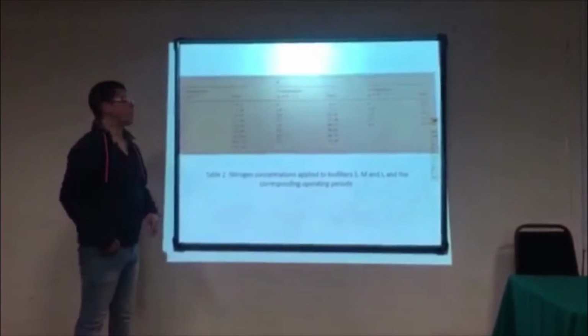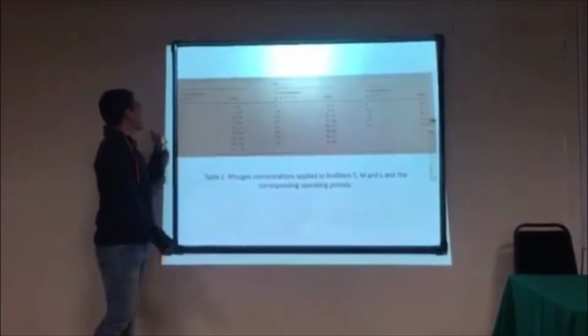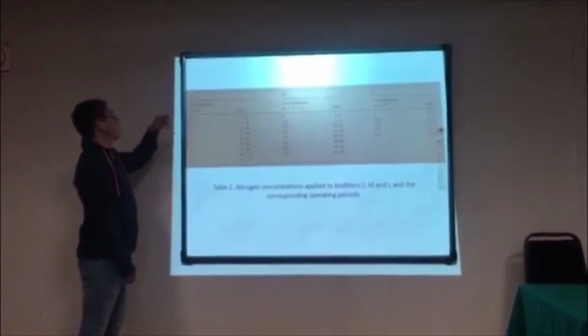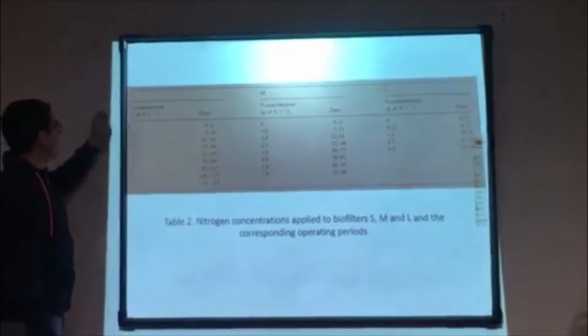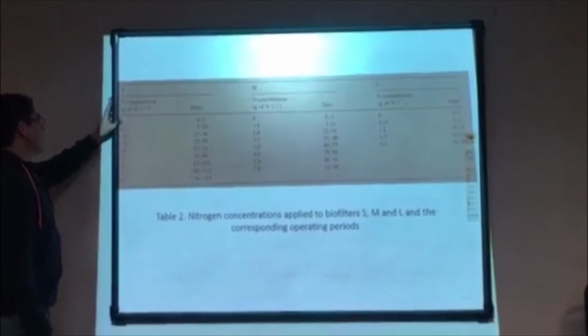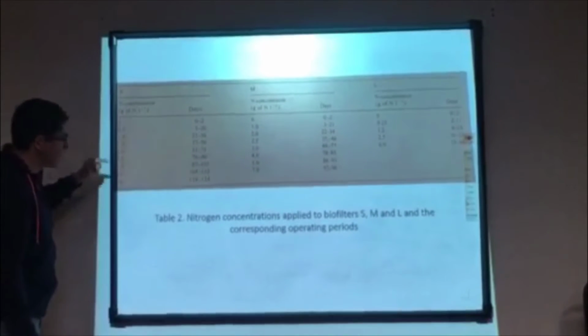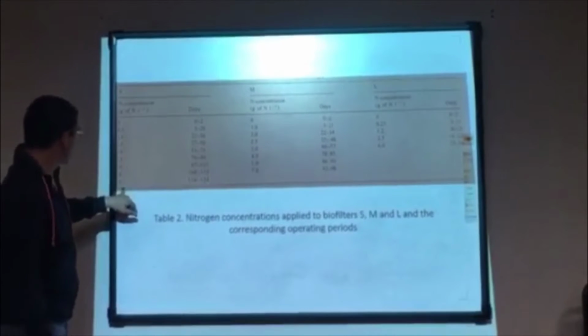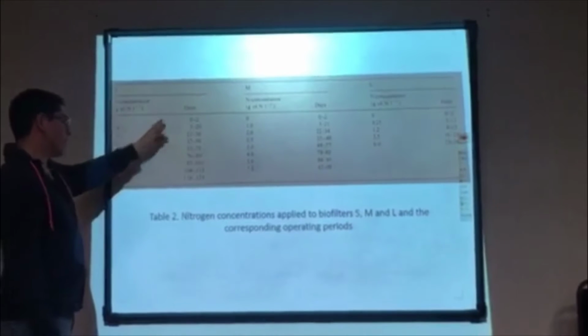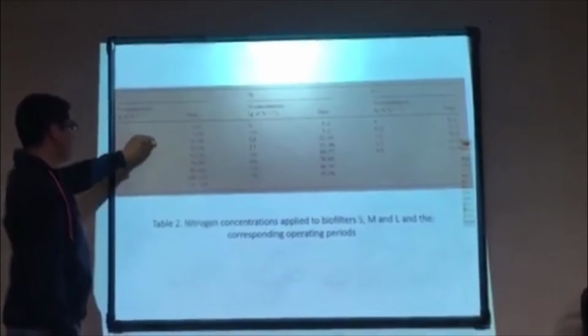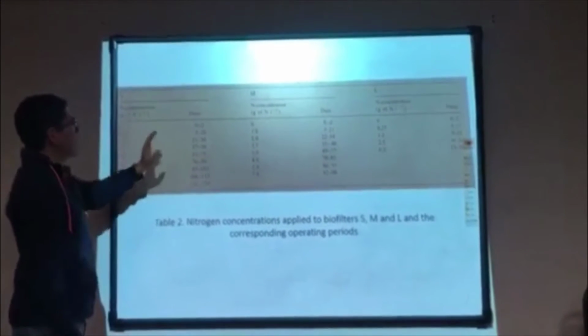Here we have the different biofilters, the small, the medium, and large, with different nitrogen concentrations. In small biofilters, the nitrogen concentration went from 0 up to 8, I think, or 7. And these were the days of the corresponding operation periods.